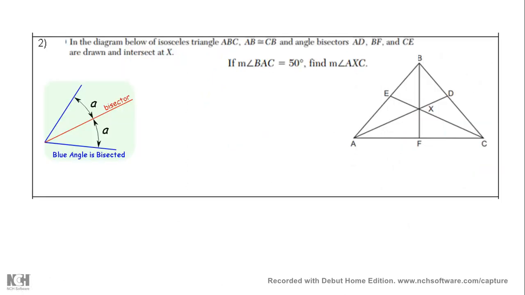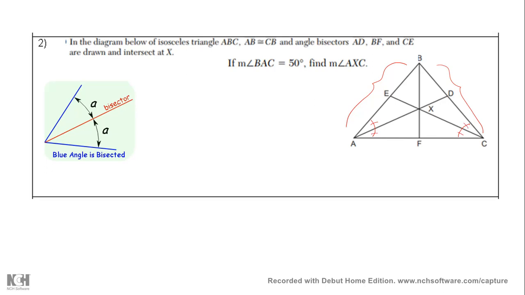Number 2 says that we have this diagram, an isosceles triangle where AB is equal to BC. If those are equal, I know that my opposite angles are also equal. It also says that all of those segments in there are angle bisectors, so these 2 angles are equal, and these 2 angles are equal.